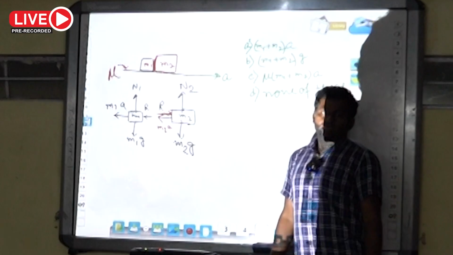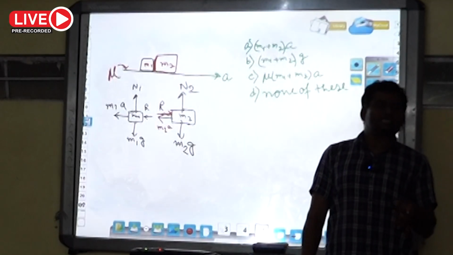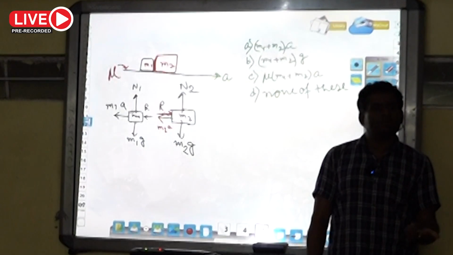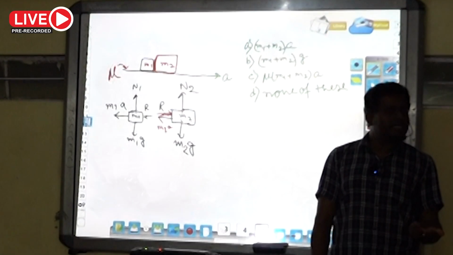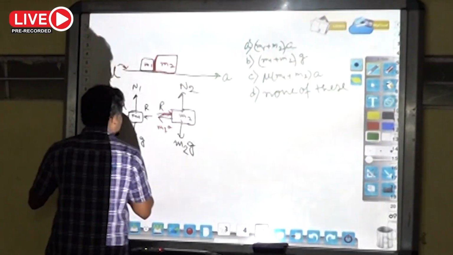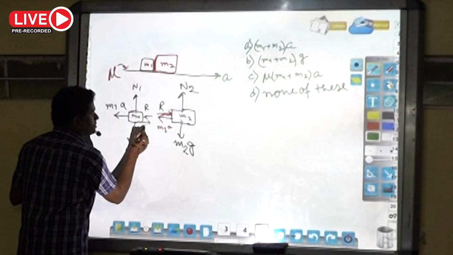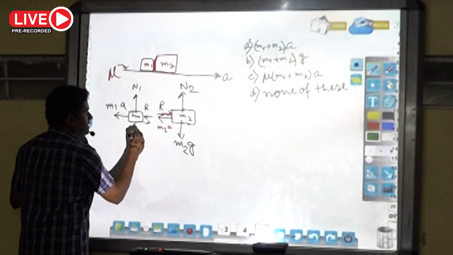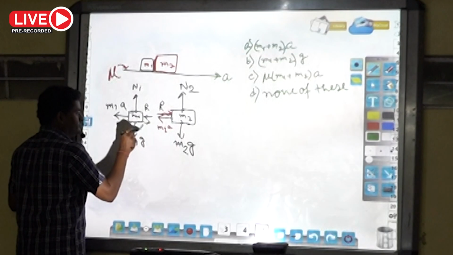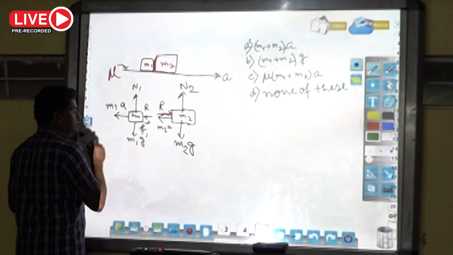Now see, since both the objects have a tendency to move over the carpet in the opposite direction, there will be some friction preventing this motion. In which direction does friction act? On this, friction acts on this side, that is F1.